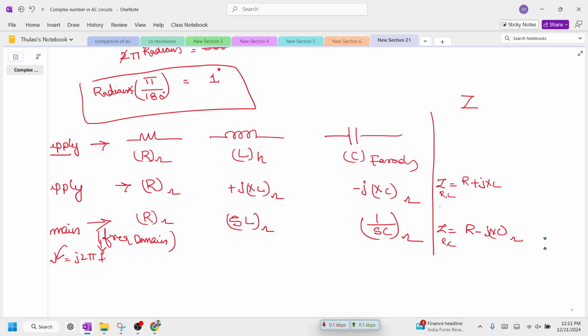Now what you have to understand is what this XL is. XL is called inductive reactance.